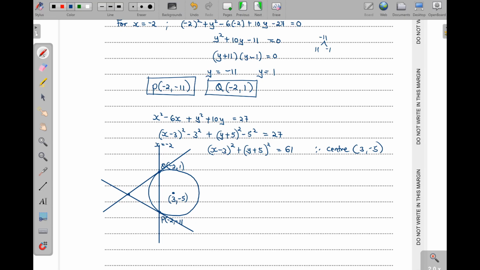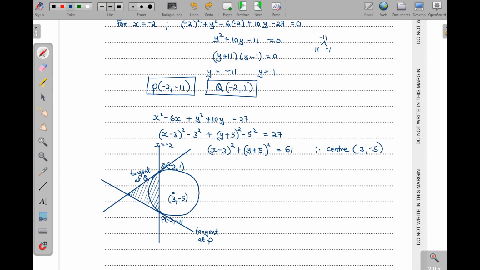So they want us to find the area of that triangle formed between the two tangents. So this is the tangent at P, then this is the tangent at Q. Now you can see that these two are meeting, okay?